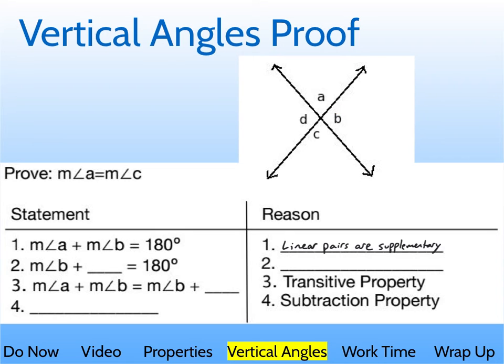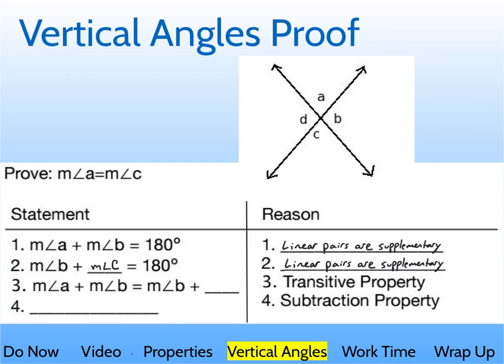Right there, we can just write measure of angle C. And the reason behind it, which we mentioned briefly, is that B and C are linear pairs, so linear pairs are supplementary. It's the exact same reason as above. I actually literally copied and pasted it. So now we know that A plus B is 180 and B plus C equals 180.